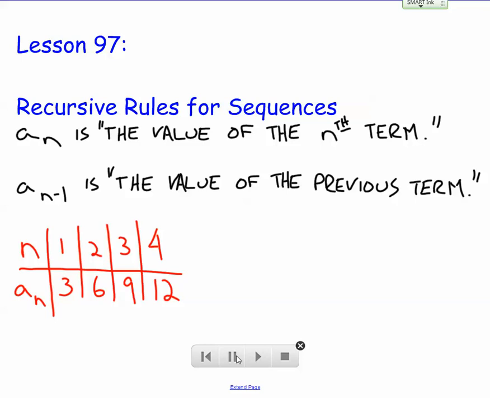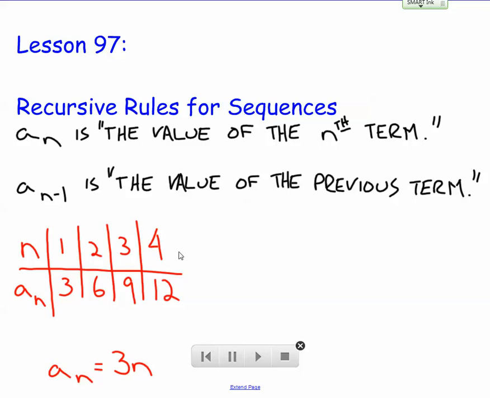How do I find the value of the nth term? Hopefully you guys are looking at it and you see it, that it's 3 times the term number. So 3 times 1 would give us the first term, 3 times 2 would give us the second term, 3 times 3 would give us the third term, and 3 times 4 would give us the fourth term.